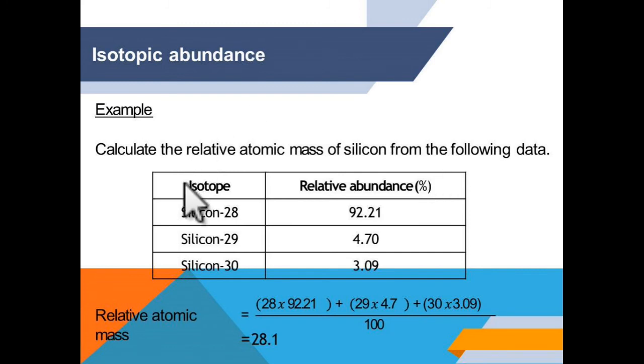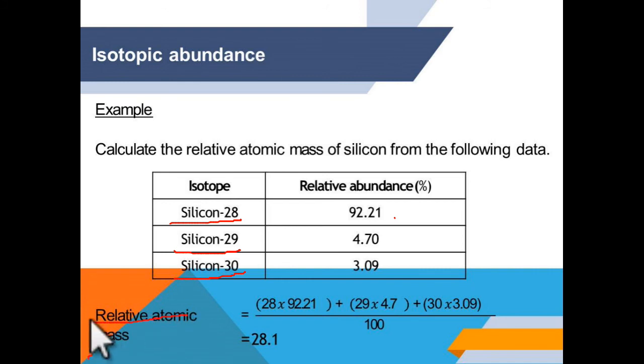Let's say, guys, silicon itself, scientists found that it has 3 isotopes. We have silicon 28, 29, 30, and silicon 28 found in nature is around 92.21%. Those are the percentages. Silicon 29 is found to be 4.70, and this one is 3.09. So how do we calculate the average relative atomic mass?